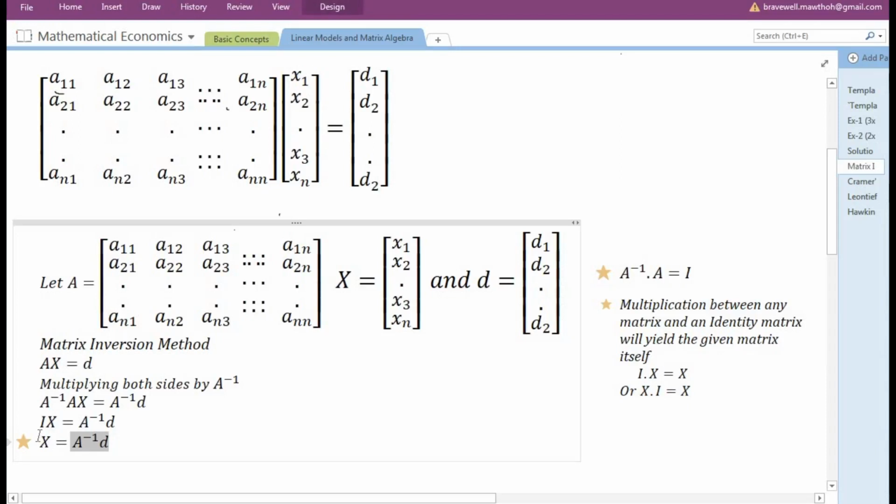So this is the formula for solving the system. Given any simultaneous equations of any number of equations, you can find the solution by using this particular formula. X, that is the variable vector, equals A inverse times D. What is matrix A? Matrix A is the coefficient matrix.